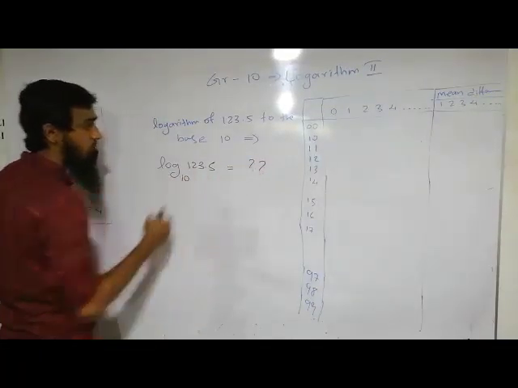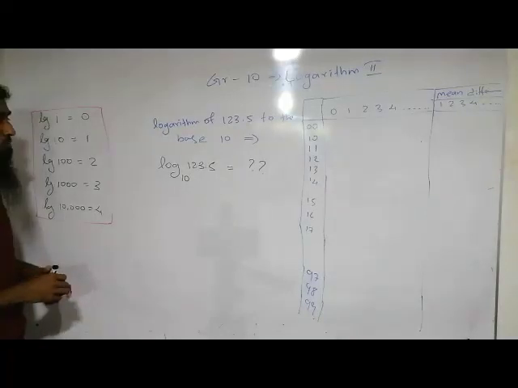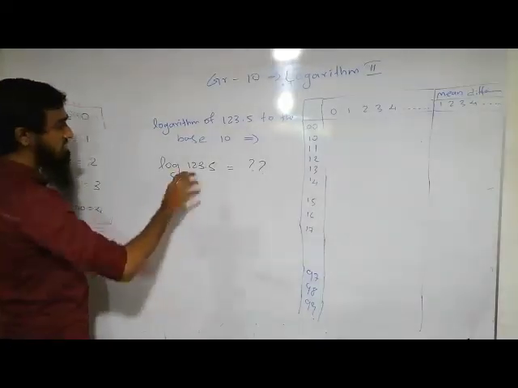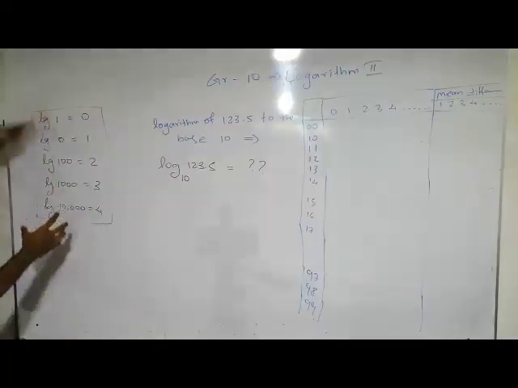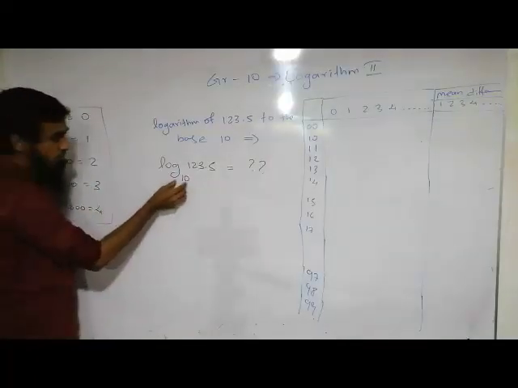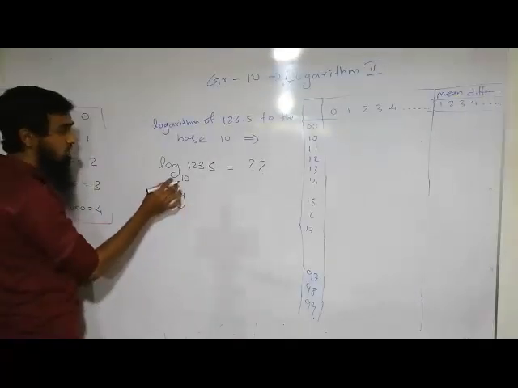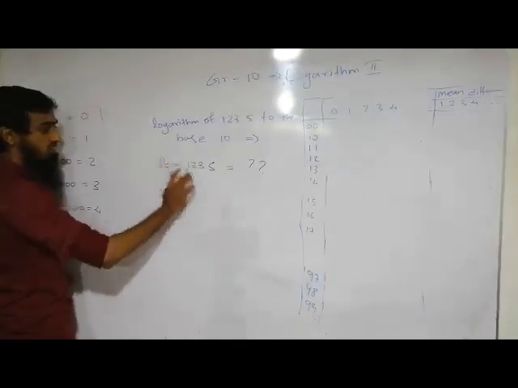We are going to find what the value is. Changing it with modifications, logarithm of base 10 we can change as LG. We are not going to write logarithm base 10.